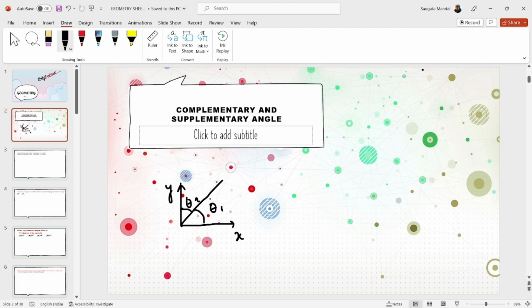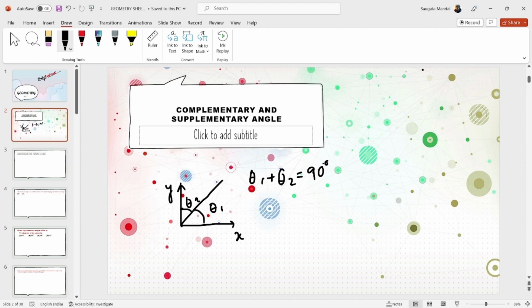Now come to the definition. What is complementary angle? When the sum of two angles, that means theta 1 and theta 2, is equal to 90 degree, that means theta 1 plus theta 2 is equal to 90 degree, then it is called complementary angle. They are complementary to each other.